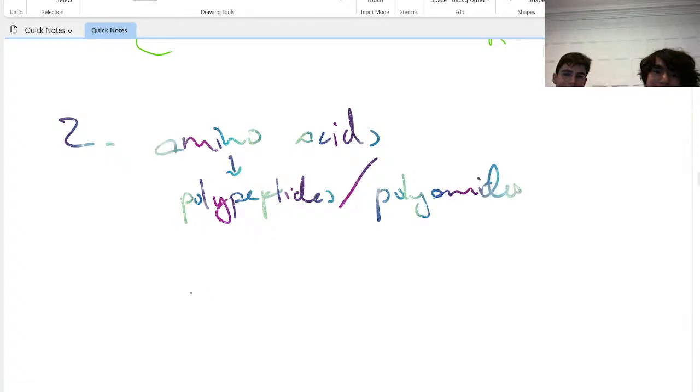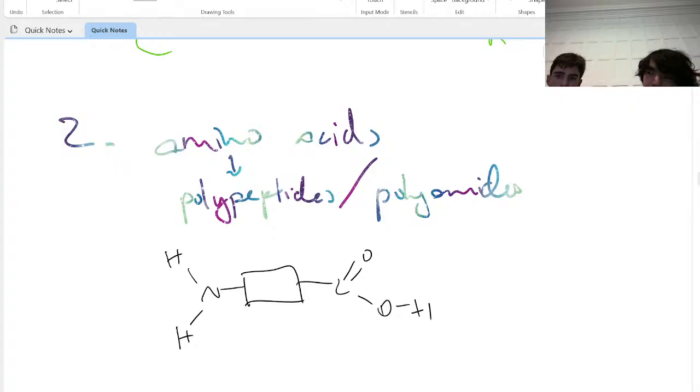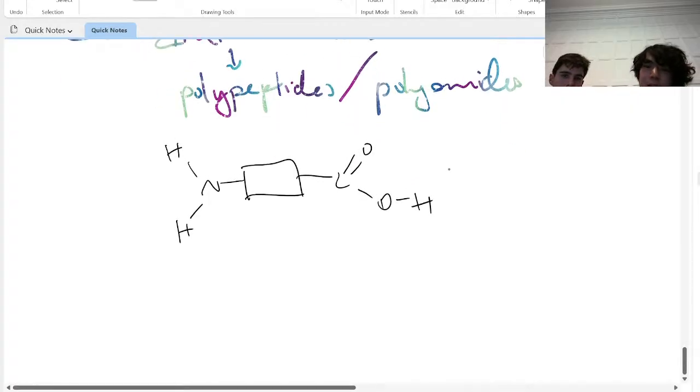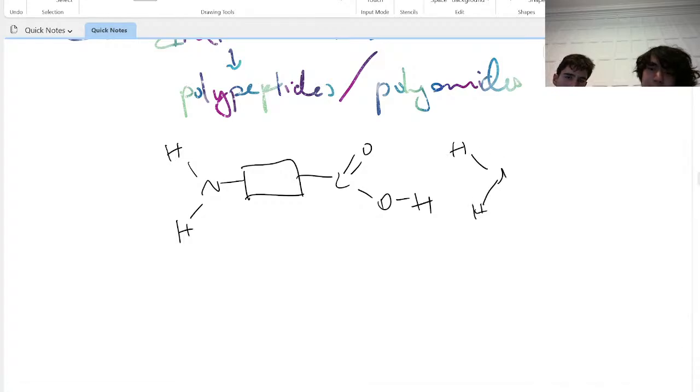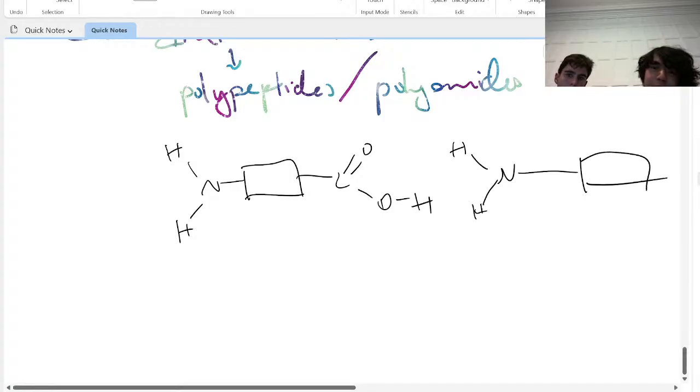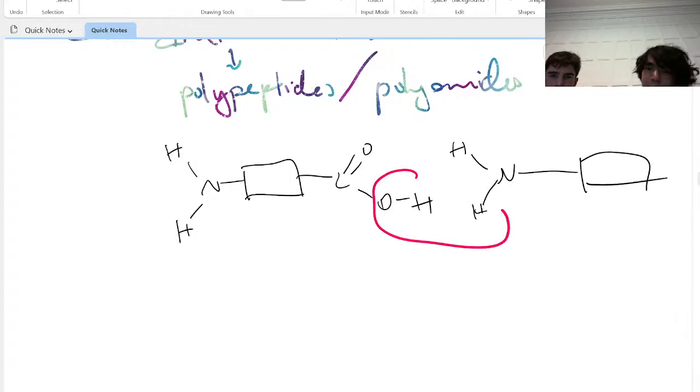Amino acids basically have an amine, which means it has N with 2 H's, and the acid is just COOH. The COOH is going to react with the amine of the other one, and again we'll make 1 water.